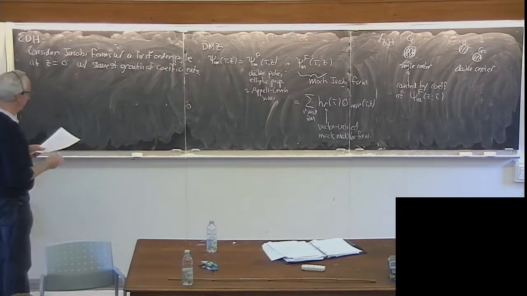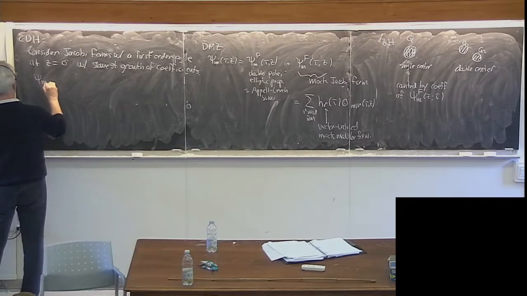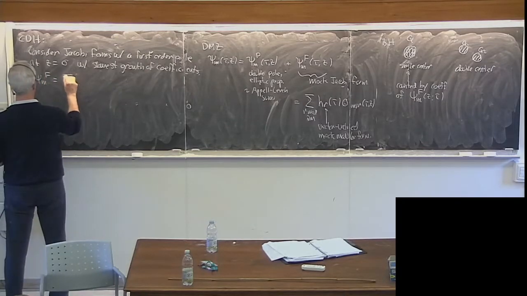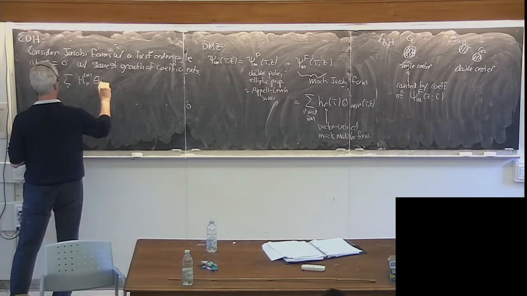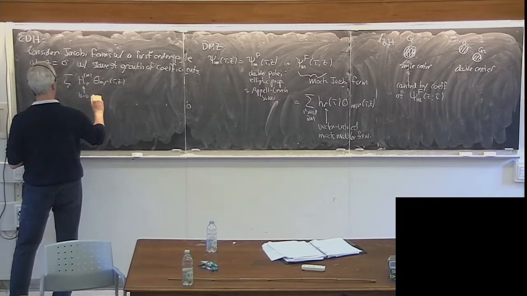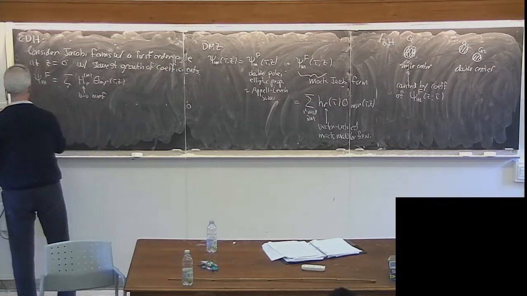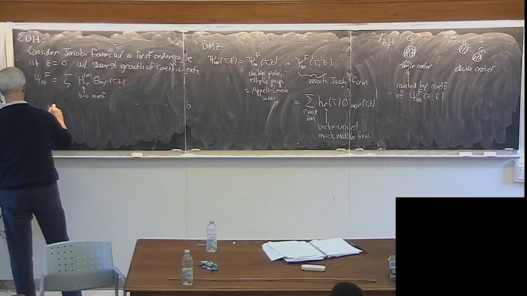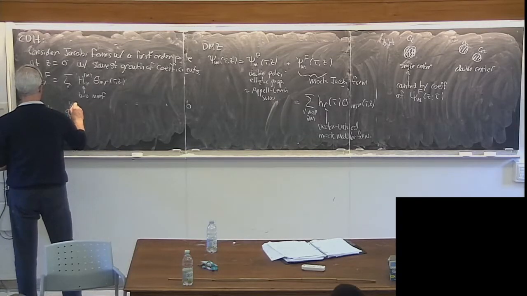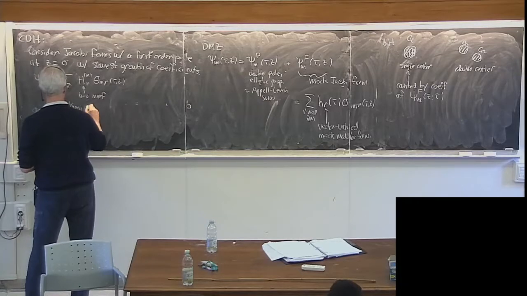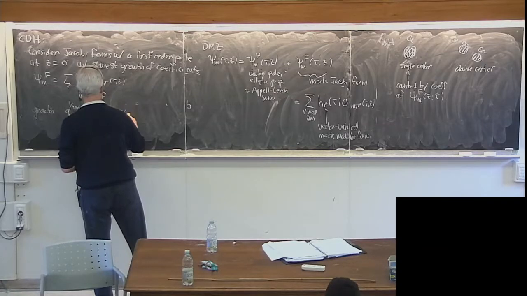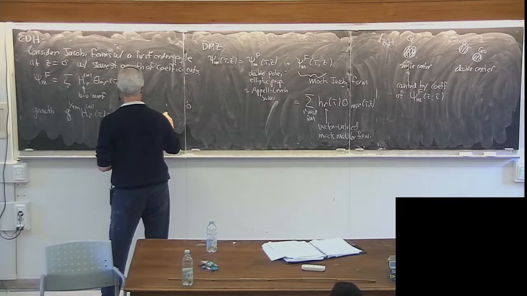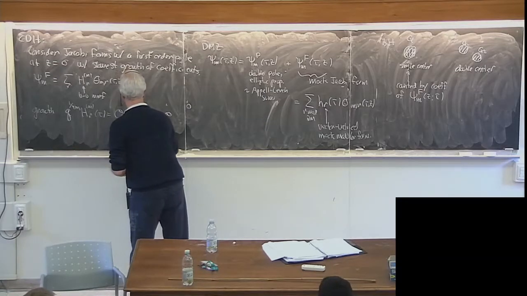The growth of the coefficients can be characterized in terms of a condition. So again, you get some vector-valued mock modular forms, and the growth condition turns out to be that q to the 1 over 4m h_r of tau is order 1 as tau goes to i infinity for all r.